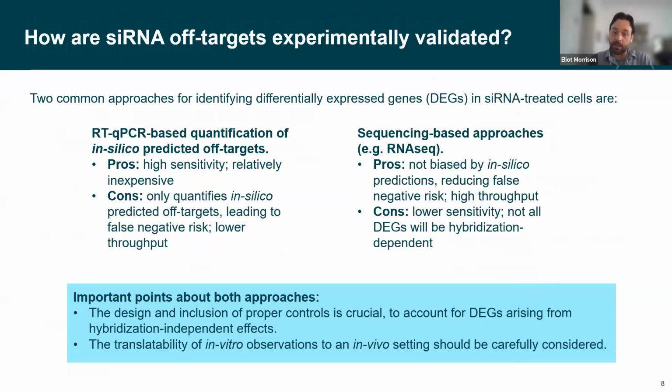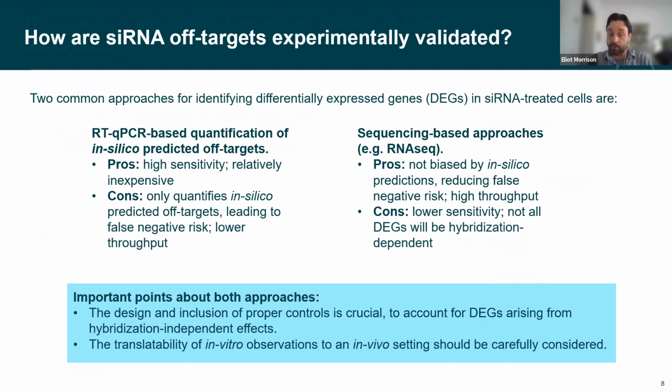Some examples might be if you're on-target biology, you knock down your on-target. Perhaps downstream, there are genes that are up or down regulated. This will be captured in such an experiment. Also, perhaps the condition of the cells. If the cells are, say, hypoxic or something, you would also capture these changes, which would be unrelated to your actual siRNA off-target profile.